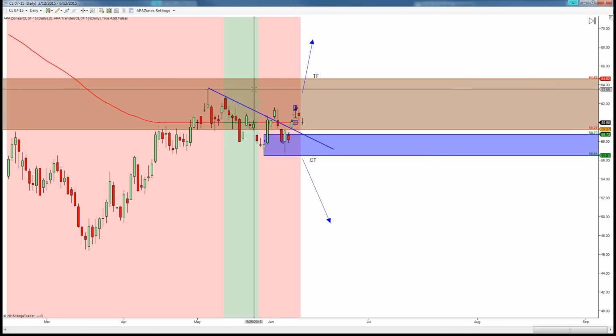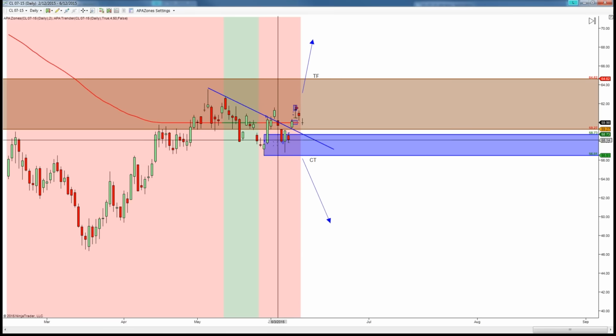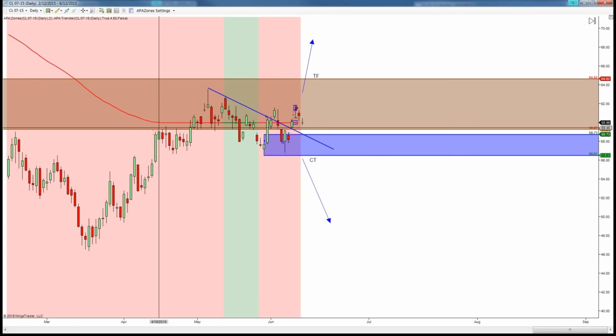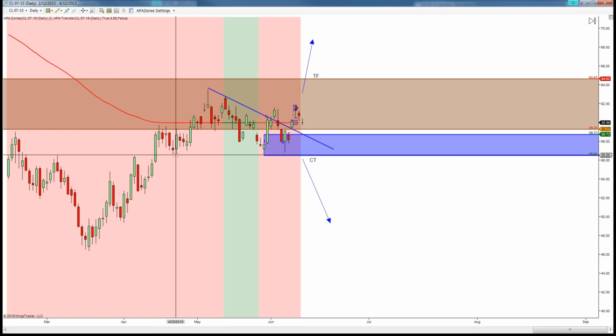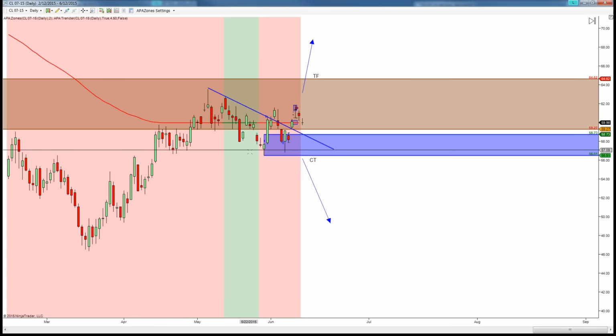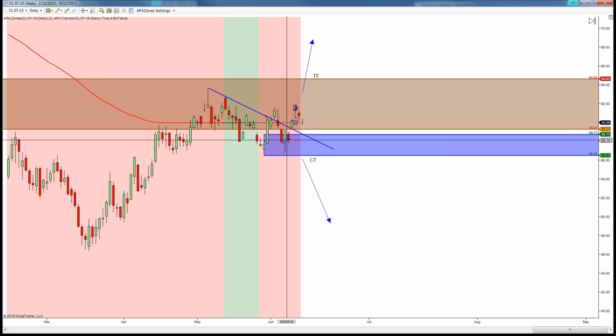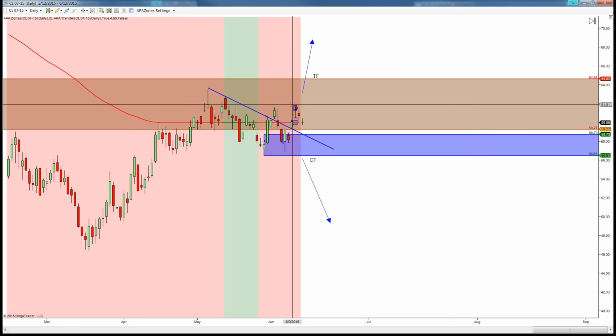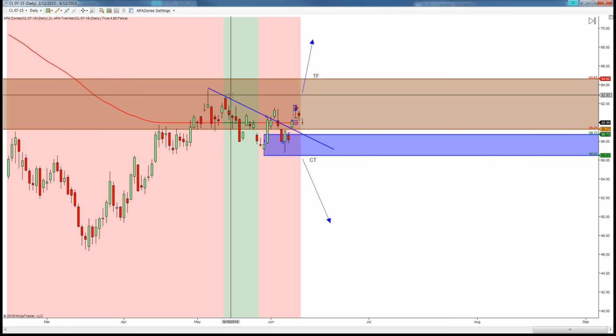Something that really catches my eye is this consolidation over here on the left. We've slightly ticked below it. We bounced off of it once. Now we're retesting the high again. The more times the level gets retested, the weaker and weaker it gets.